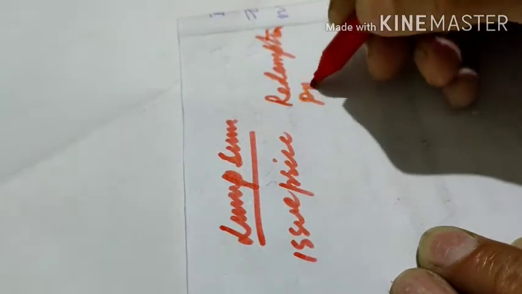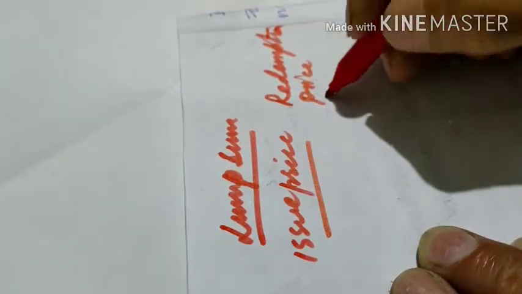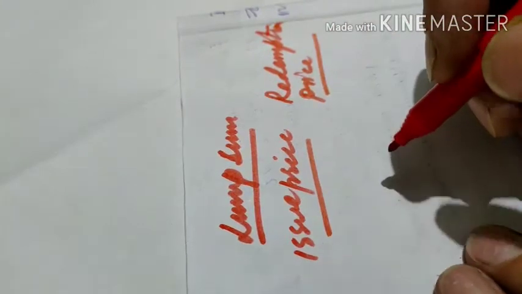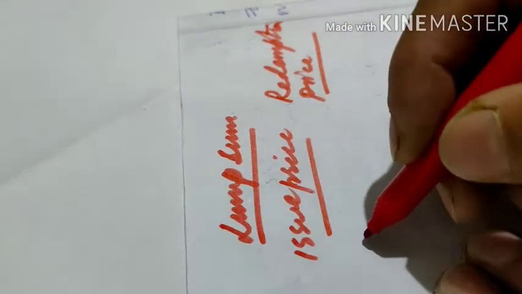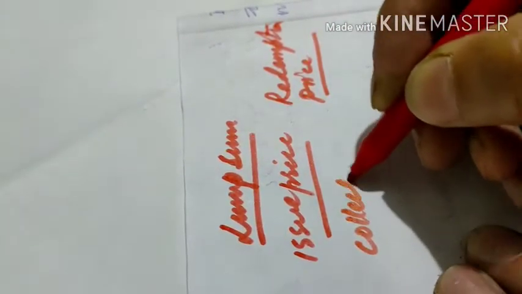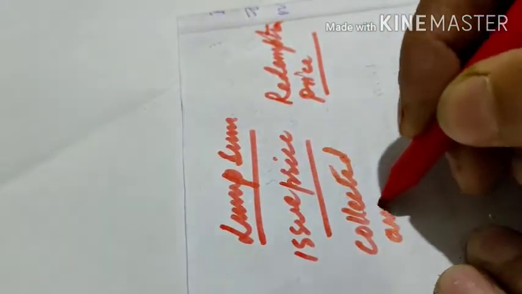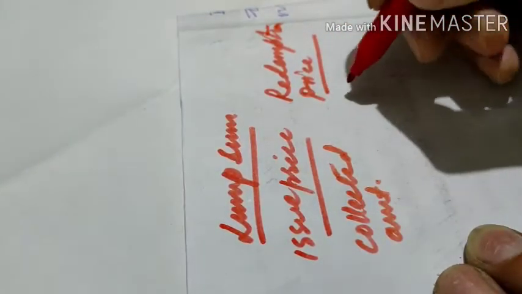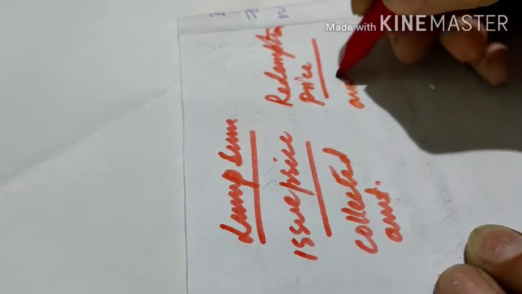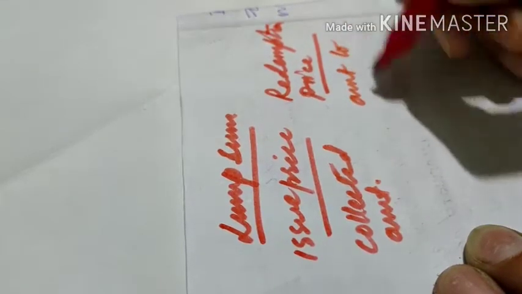Issue price and the redemption price. Issue price is the collected amount, and redemption price means the amount to be paid to the investors.